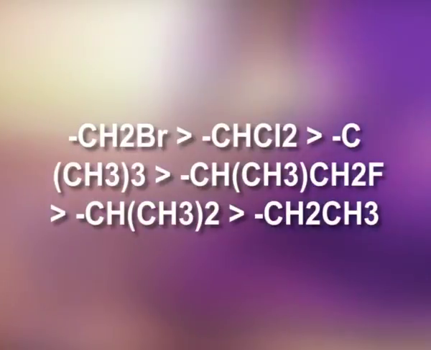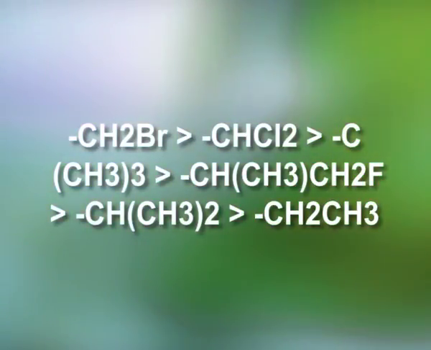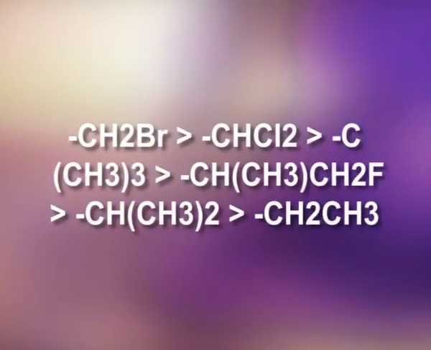Then the other rule is, in the case of the same atom being bonded directly to the chiral carbon, we go to the next atom along the chain. Means if the same atom is bonded, either bromine or chlorine, then we have to move along the chain. Likewise CH2Br, CHCl2, CH3 thrice, CH, CH3, CH2F, CH, CH3 twice, CH2, CH3, likewise.